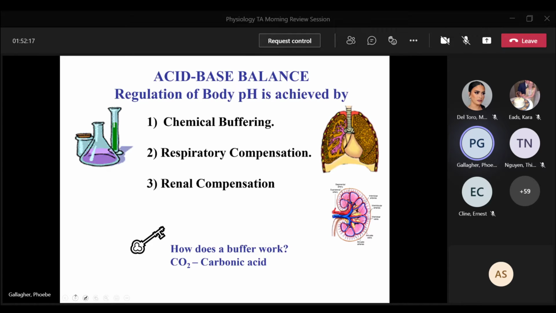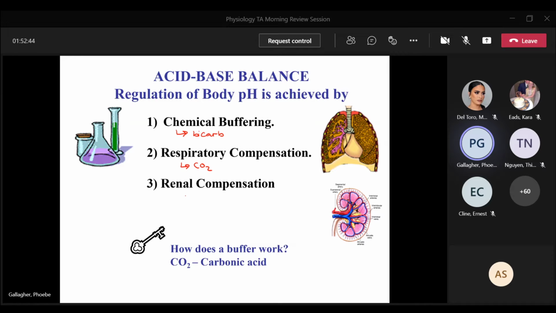So moving on to this, once again, you should know the order in which your body tries to rebalance pH when your pH is disrupted. So your chemical buffering is going to be mostly your bicarb buffer. Your respiratory compensation is going to be the removal or maintenance of CO2. So depending on whether you want to make your blood more acidic or more basic, you're going to either hyperventilate or hypoventilate.